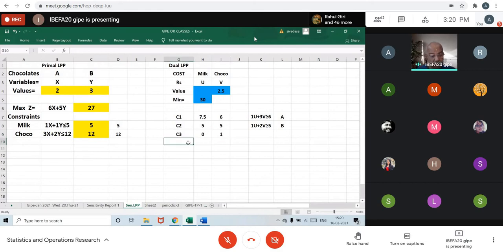And C4 is 0 into U plus 1 into V greater than or equal to, say, 2. Now let us work out with our dual.